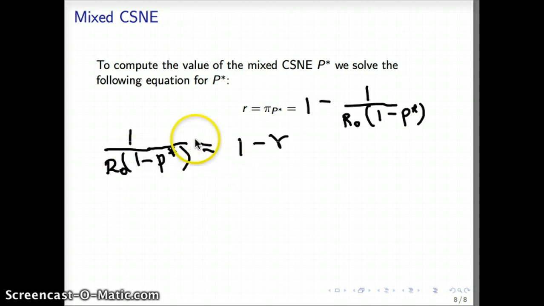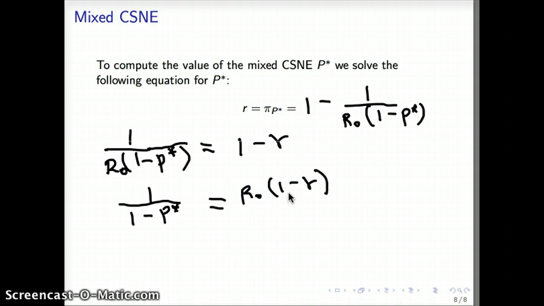Now I can multiply this equation by R0 on both sides, and that would give me 1 minus P star on the left side, and here I have R0 multiplying 1 minus R. Okay, so I start with this equation, and this arrow means implies, that implies this expression.